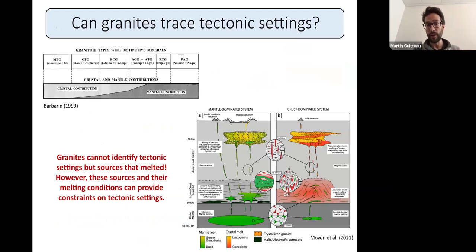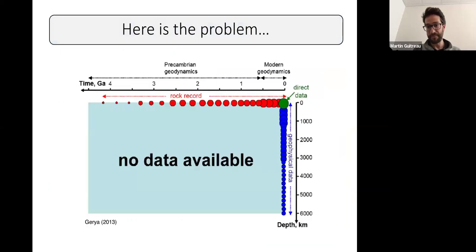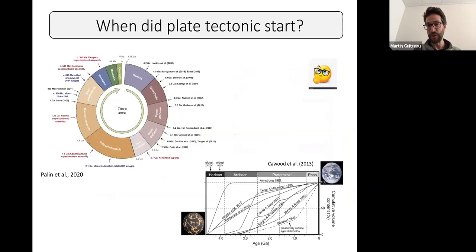There's no way of determining what crust you remove from the crust and put back into the mantle. That's why I think the debates are still going on, because of that uncertainty. And I agree with you that this is the big unknown.